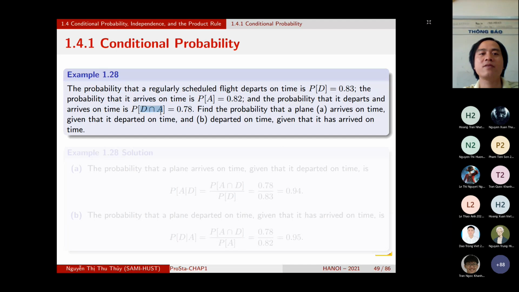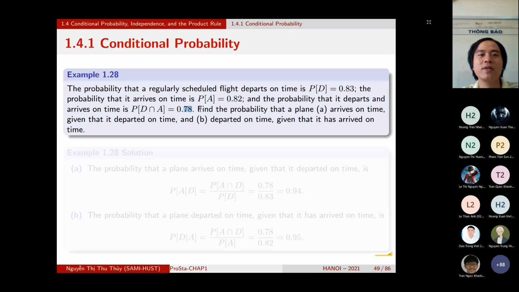This is D intersection A. This probability is a little bit smaller, because we know that the probability of the intersection of two events is always less than P(A) and less than P(D).